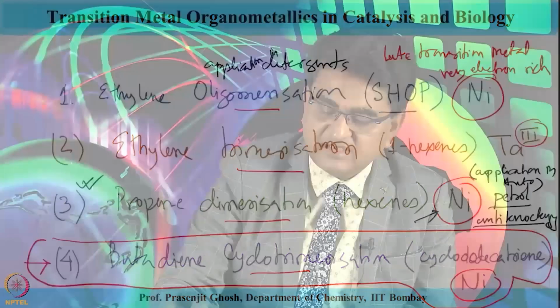So here we have a system which is extremely efficient and has a very high turnover number, comparable to that of an enzyme catalyzed reaction. From that perspective, this catalyst or process is quite a remarkable feat that demonstrates the capability of organometallic catalysis in the world of chemical transformation. Now, with that discussion, let us move on to the topic of today's discussion, which is cyclotrimerization of butadiene.